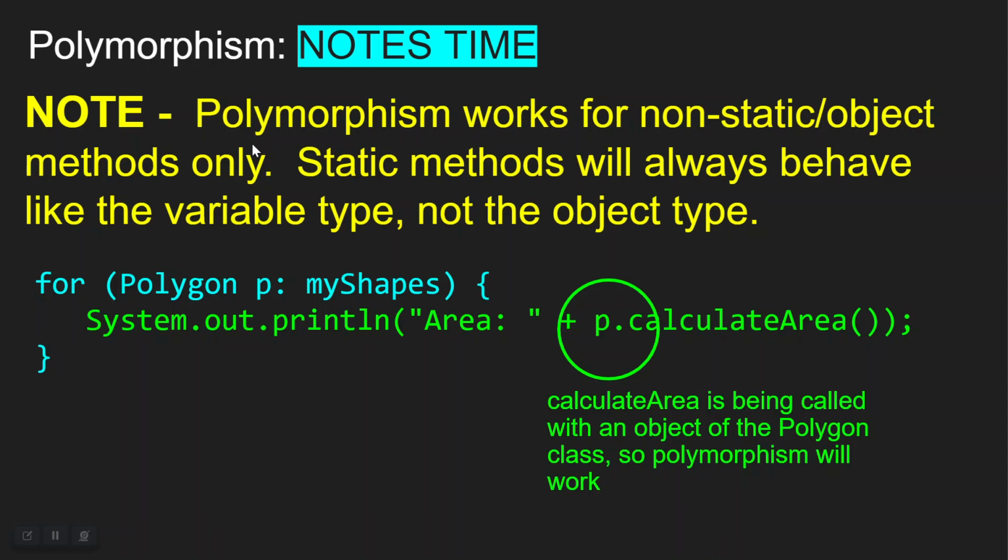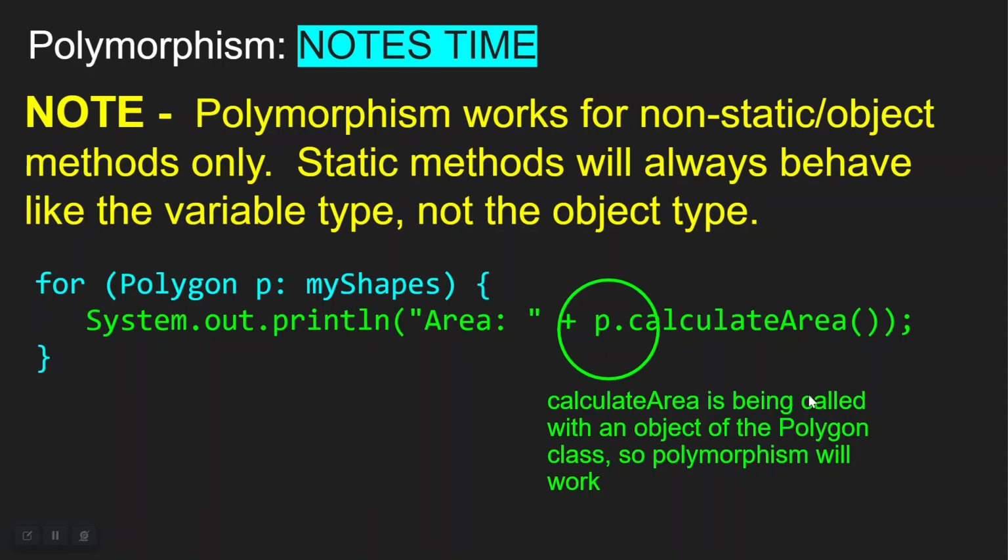Now, one thing to note is that polymorphism works for non-static or object methods only. Static methods will always behave like the variable type, not the object type, which makes sense because, again, this would not be allowable on a static method, since with static methods you don't use object types.